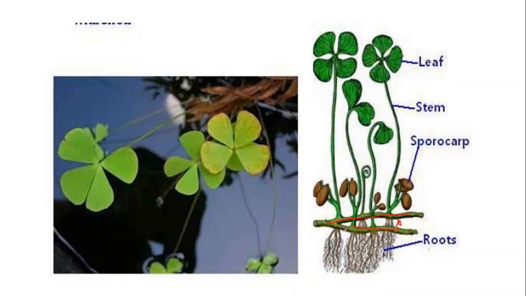A cluster of fibrous roots will develop. And on the upper side, that is the dorsal side, we can see the formation of the leaf. This is a leaf where the leaf is dissected into four leaflets. That is a characteristic feature of Marselia. We can identify the Marselia plant with the help of these four leaflets.